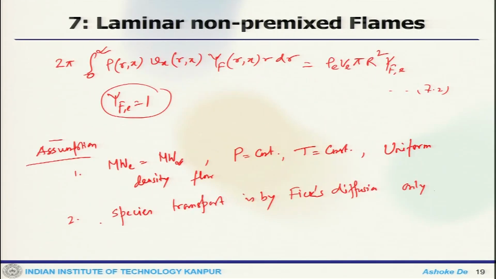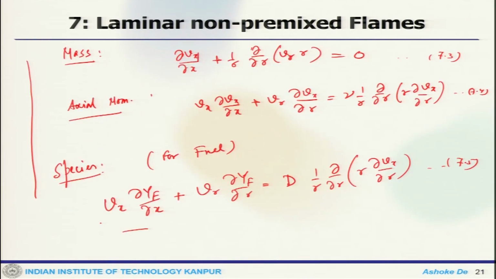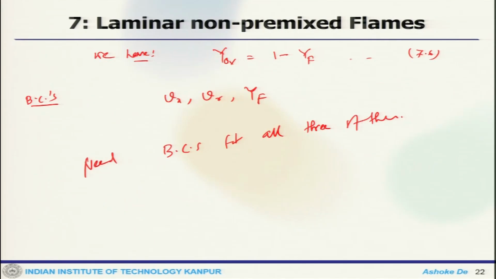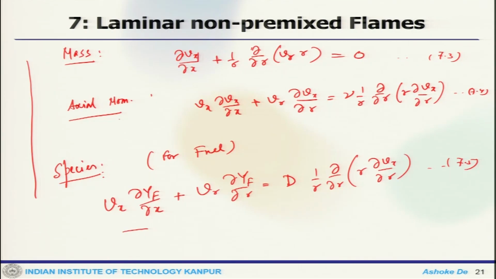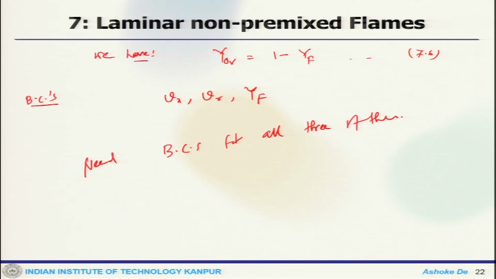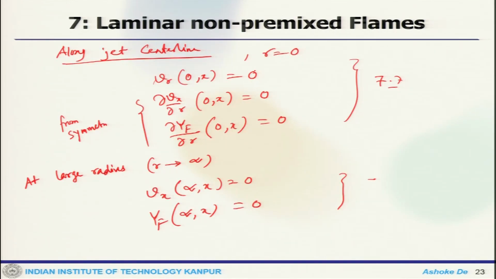we got to the conservation laws of mass, axial momentum, species, and then we have one from the oxidizer, and then we note down the boundary conditions.